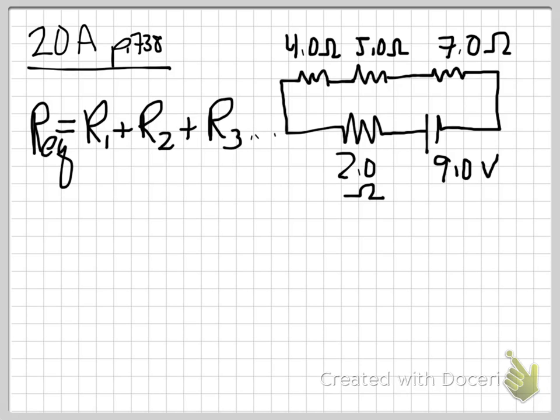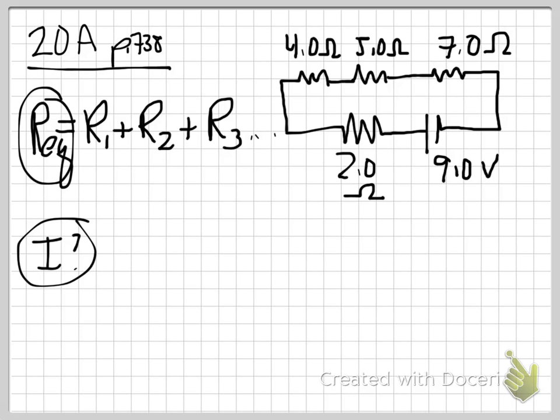We can't change the voltage of a 9-volt battery. It's going to be 9 volts. We could put a different battery in, like a 1.5 volt battery, but we can't change the voltage of the battery. So we're asked for the equivalent resistance, and then for the current in the circuit.